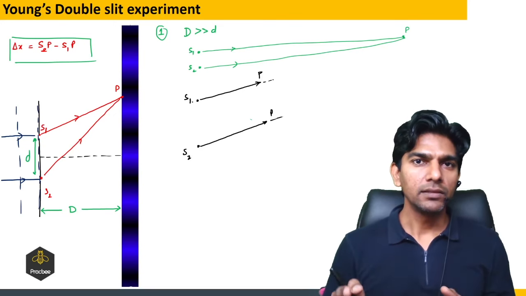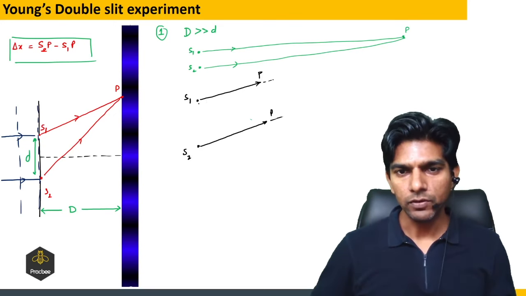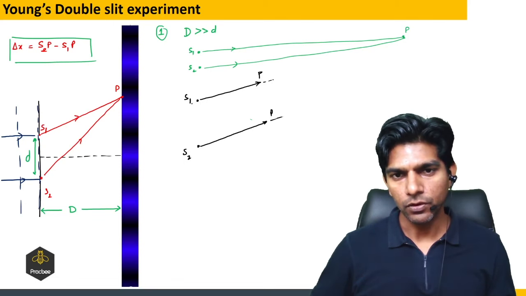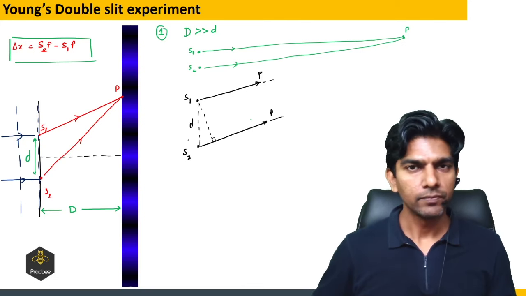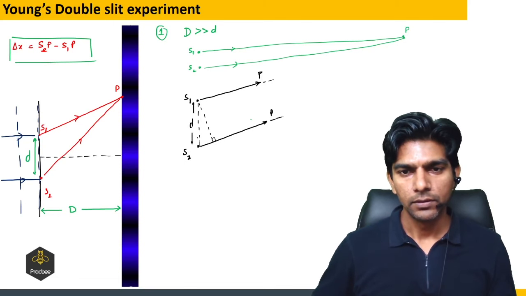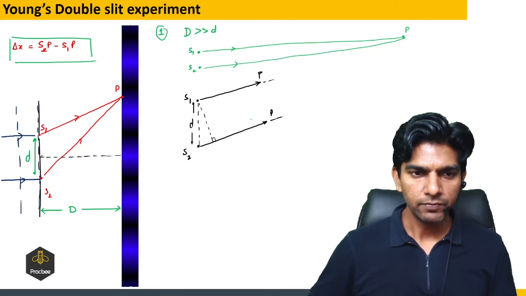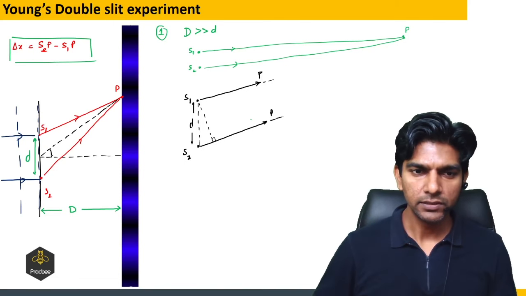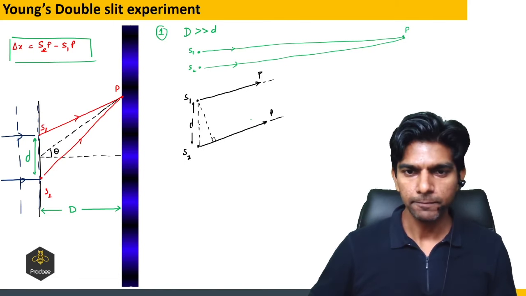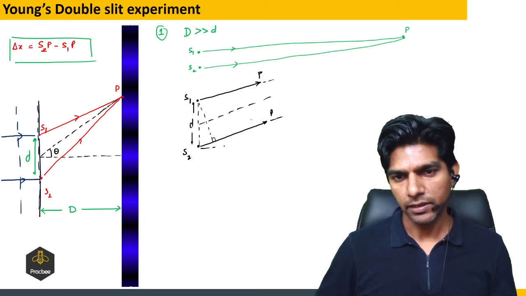Now to find the path length difference of two parallel rays, I can draw the perpendicular from S1 over S2. This is 90 degrees, and the distance between the sources is given as d. So if the position of P from the perpendicular bisector is theta, we can say this angle is theta, this angle is also theta.